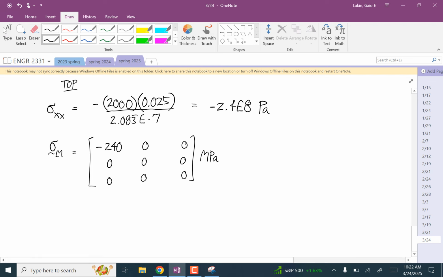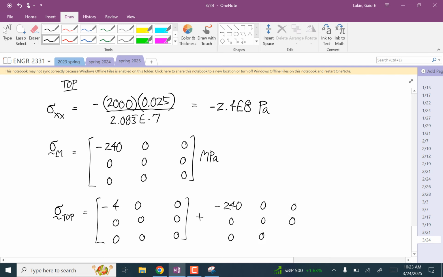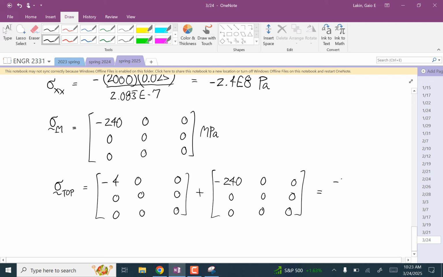And so the total stress tensor at the top is negative 4 plus negative 240, and so we get negative 244, zeros everywhere else, and this is in megapascals.